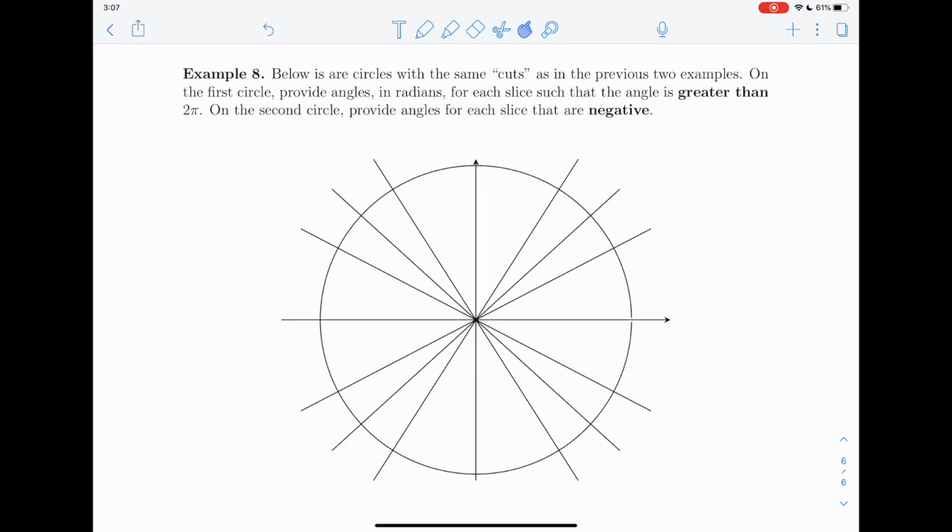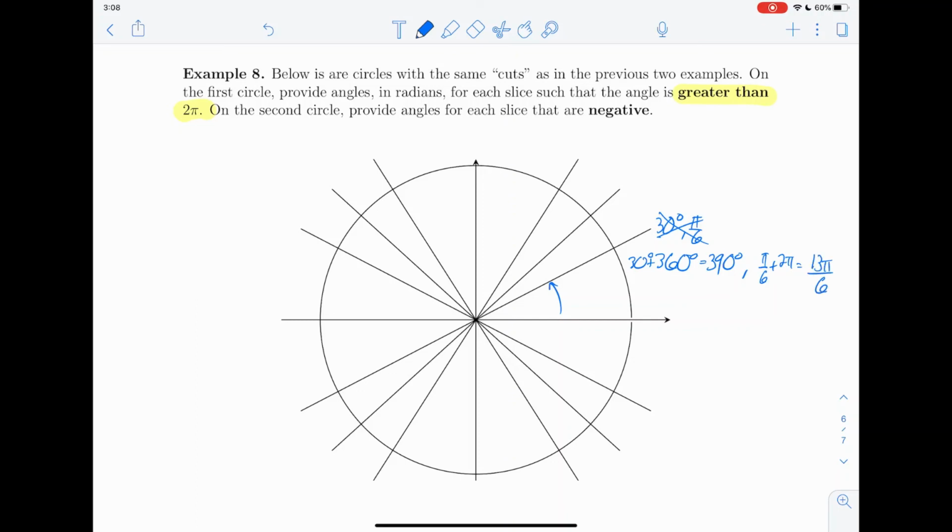For example, on this first one, whereas we knew that this angle right here was 30 degrees, otherwise known as pi over 6, instead of using those, I'd like you to write a coterminal angle for that pi slice that is greater than 2 pi. So in this case, instead of having 30 and pi over 6, maybe instead you consider 30 plus 360 degrees, which is 390. And instead of pi over 6, you consider pi over 6 plus 2 pi, which in this case is going to be 13 pi over 6.